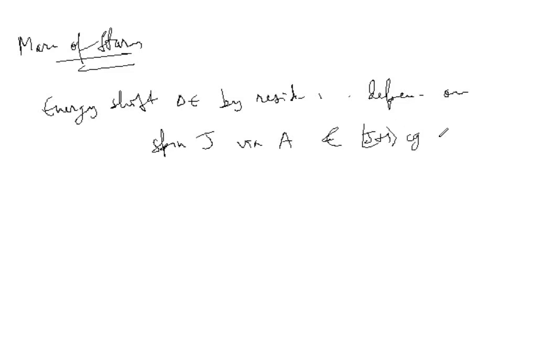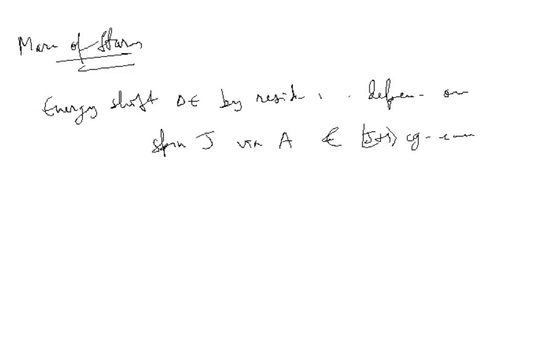So CG coefficients are involved in this. Now in fact it can be shown that if we show this table as a function of A, it is very interesting. But anyway, I will not show you the results over here, but rather discuss the importance.